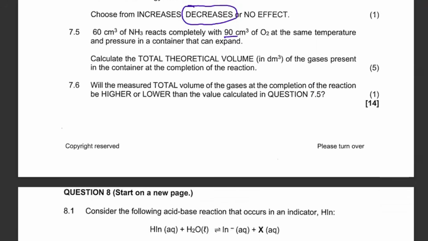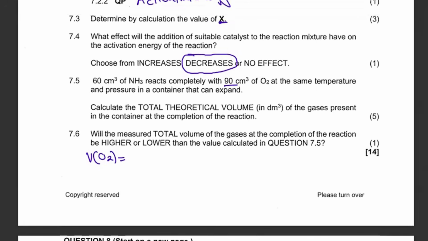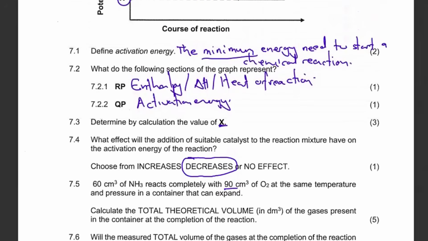We're going to start with the volume of oxygen. So V of O2 is equivalent to, according to the data that is given there, the volume of oxygen provided on the question paper.